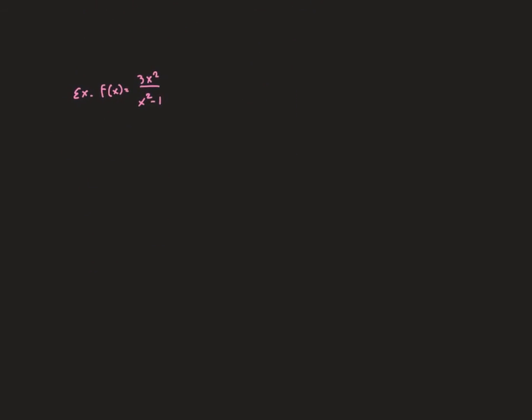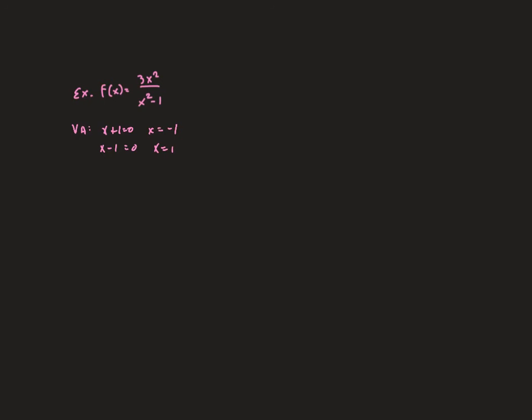So as I look at this next function, remember my vertical asymptote is going to be when my denominator was equal to 0. So that was when we had x plus 1 equals 0, x minus 1 equals 0, which is x equals -1 or x equals 1.